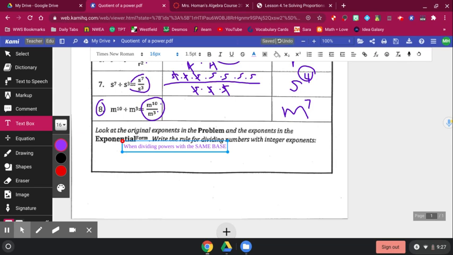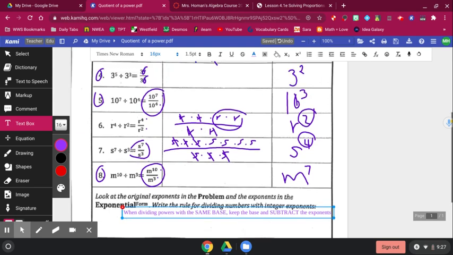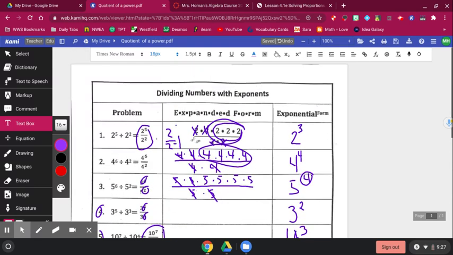When dividing powers with the same base, we're going to keep the base and subtract the exponents. Again, when dividing powers with the same base, keep the base and subtract the exponents.